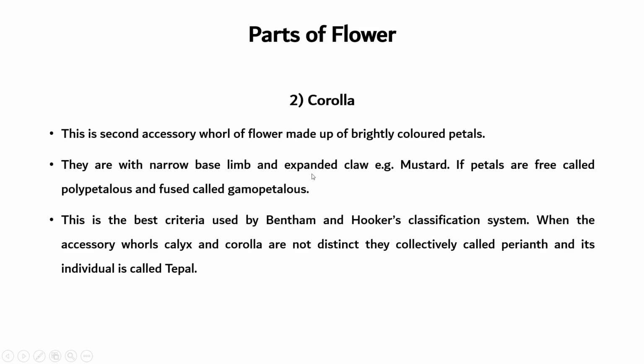The presence of limb and claw you will get in mustard flower, that means mori. If petals are free, that condition is called polypetalous. And if they are fused, this condition is called gamopetalous. Gamo means united or fused and poly means free.